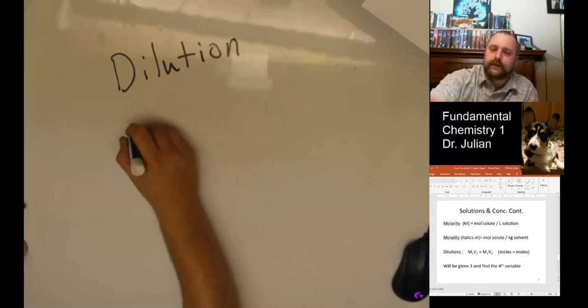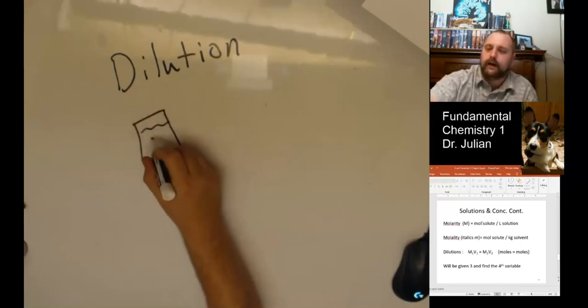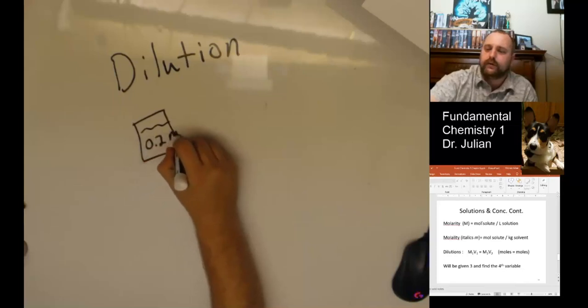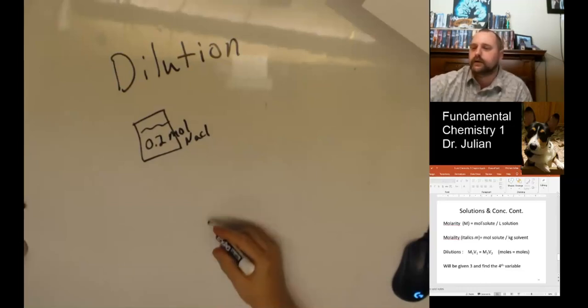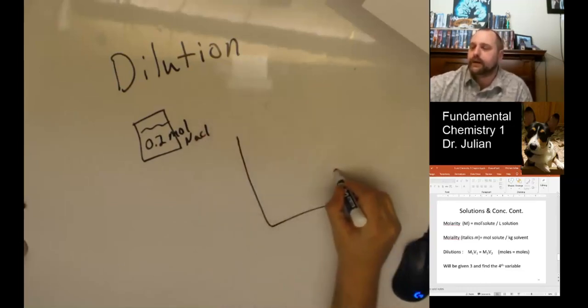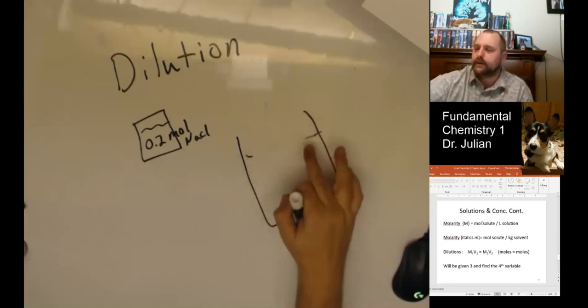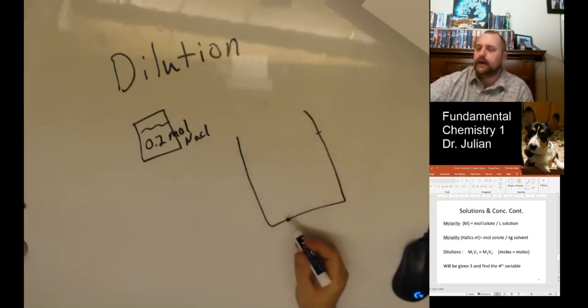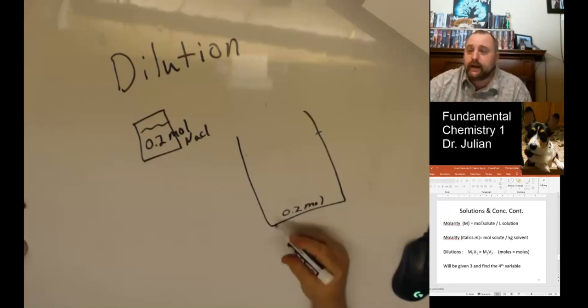So a dilution, let's start with a container here, and let's say I have 0.2 moles of salt dissolved in this water, and I dump it into this big container. I won't even fill it up, it'll be way down here, right? So I dump it in here. How much salt is down here? Well, it's still that 0.2 moles. I didn't add any more salt.